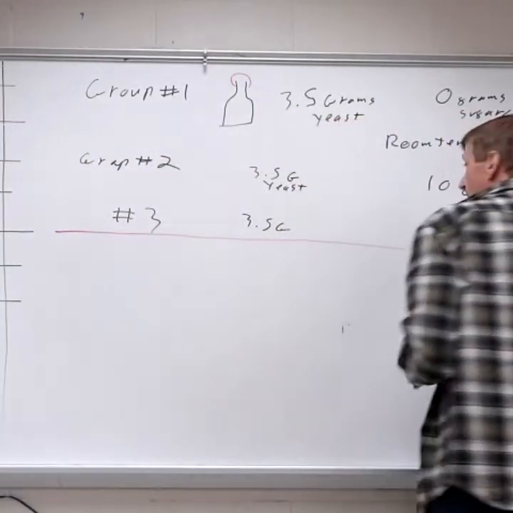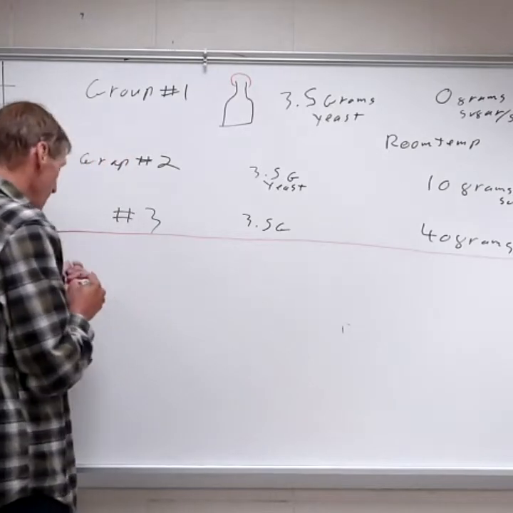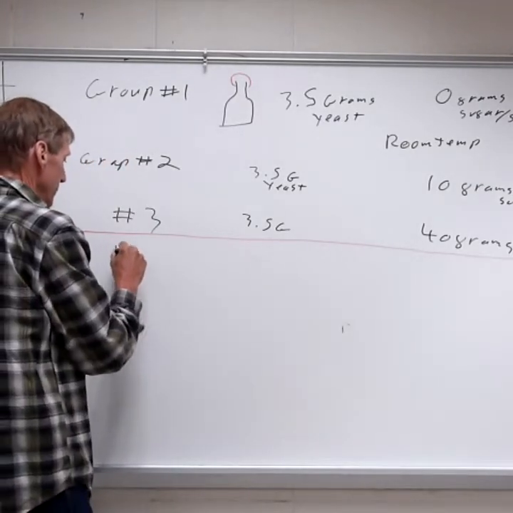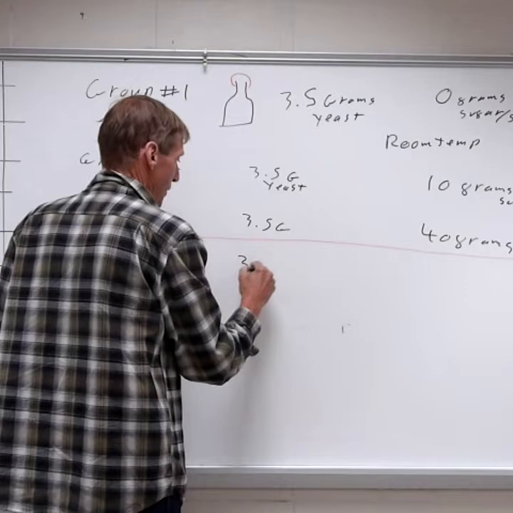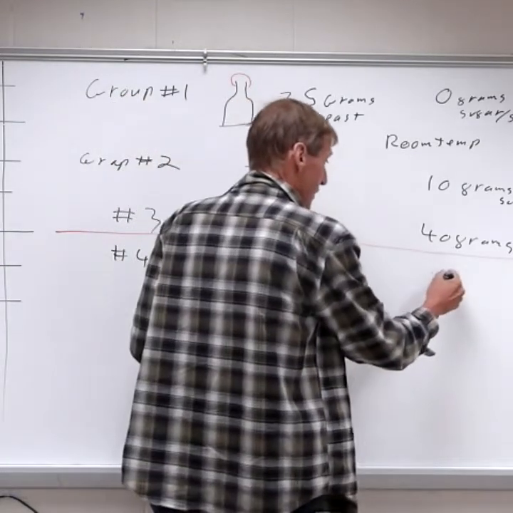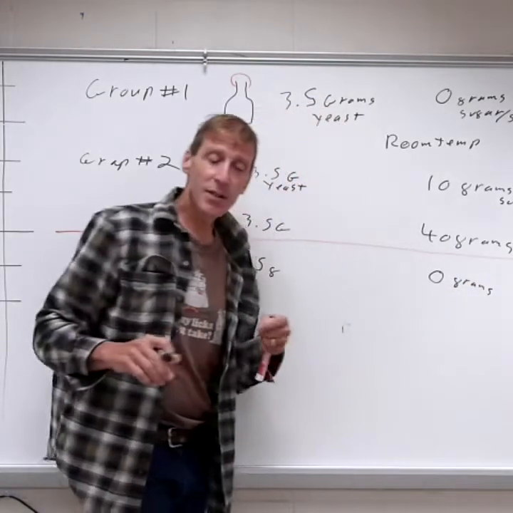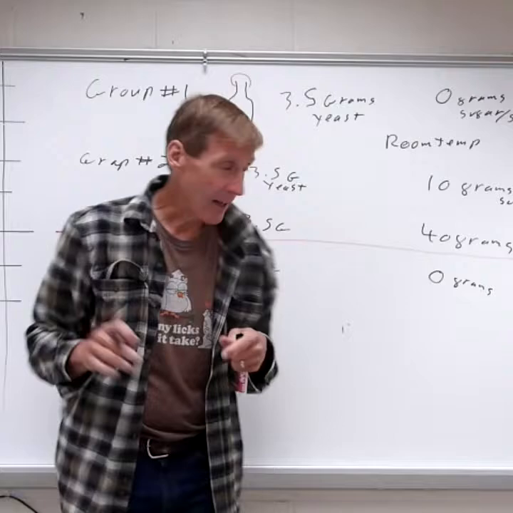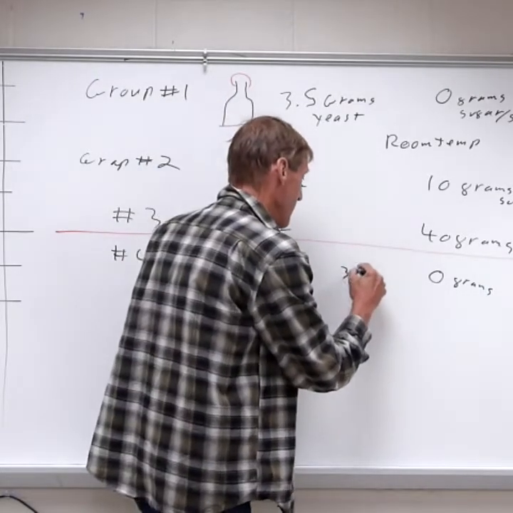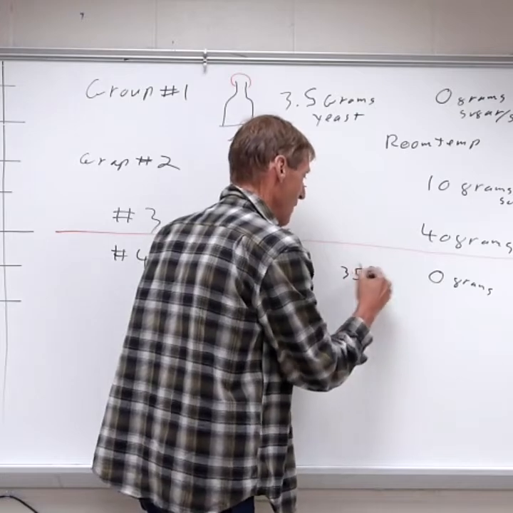Then I'm going to set up 3 more flasks. Flask number 4 will have 3.5 grams of yeast. It's going to be true for all of them. And it'll have 0 grams of sugar. But this one is going to be put in a warm temperature bath. We'll keep it at 37 degrees Celsius. I'm sorry, it's not 37. They got it set at 35.